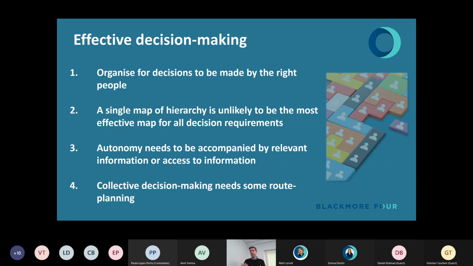So you would expect maybe smaller transactional decisions to be happening anyway by every employee in the organisation. But what we mean here is really having a thoughtful input into the design of your organisation to say what types of decisions, what is our business, what types of decisions are we expecting to be made, and where should those decisions be made. And that's not necessarily one answer to the question.